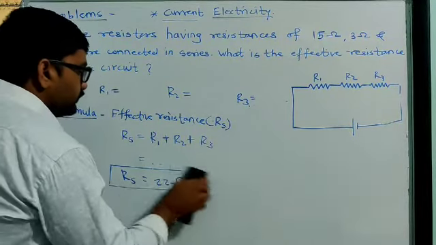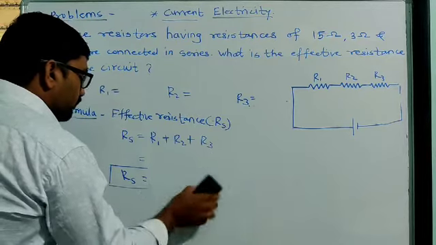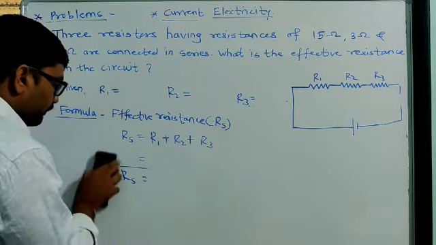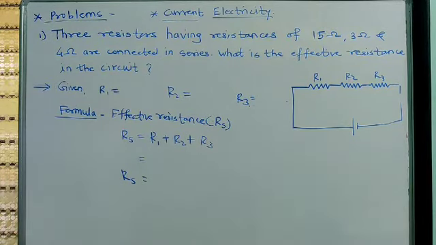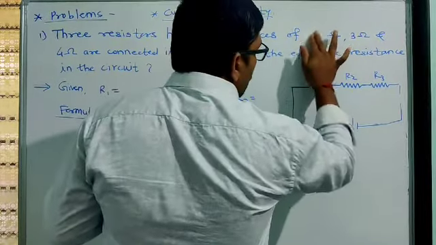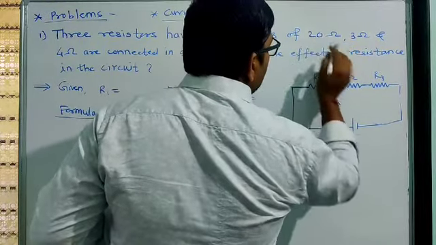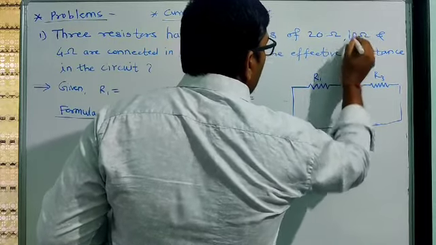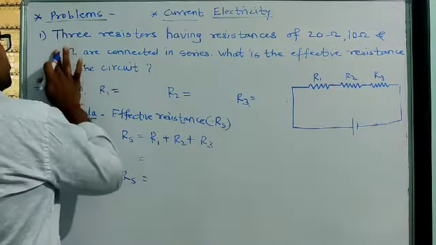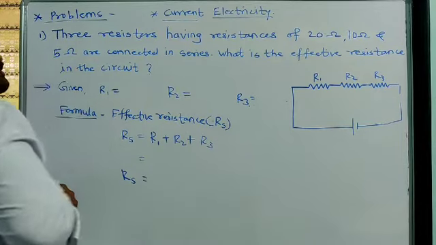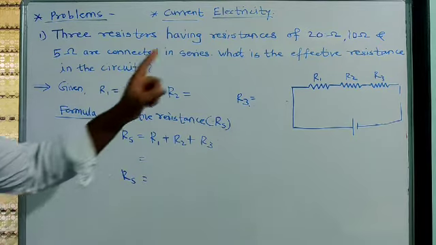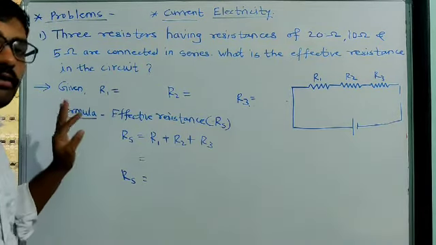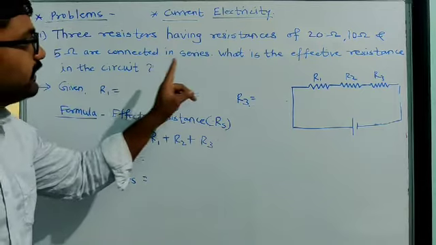Okay, so now we will see another problem on resistances in series connection. Here, three resistors having resistances of 20 ohm, 10 ohm, and 5 ohm are connected in series.